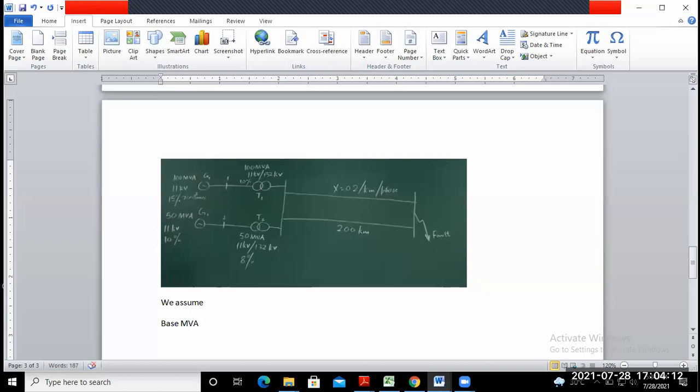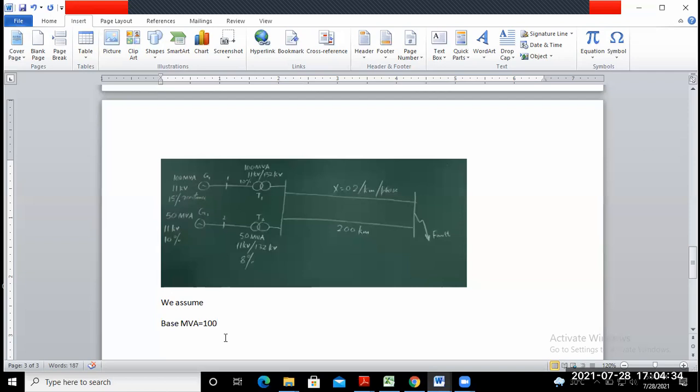What is the base MVA? It is the maximum MVA rating of the system. Here one is given as 50 and the other as 100, so the maximum value is 100 MVA. So the base MVA we consider is 100 MVA.